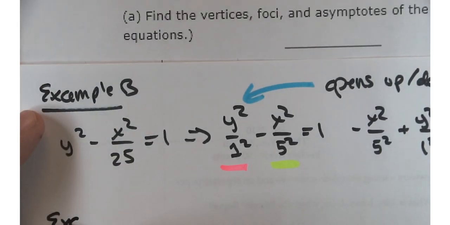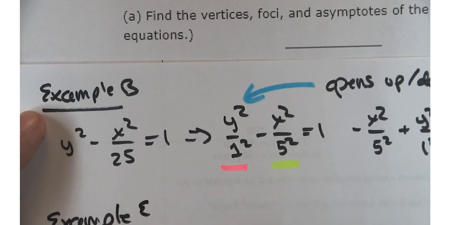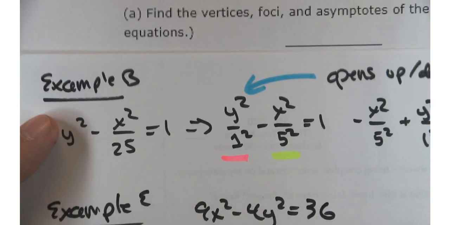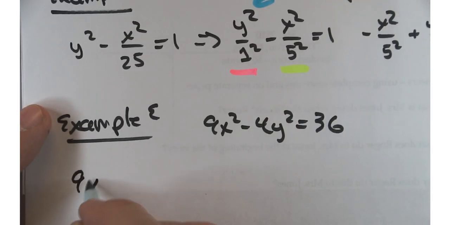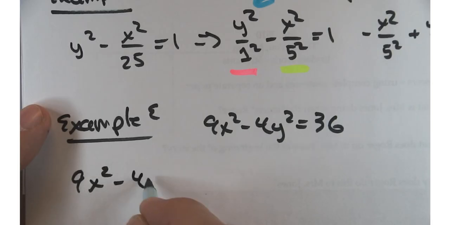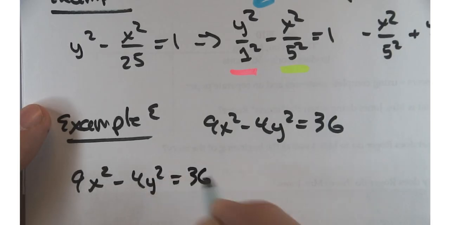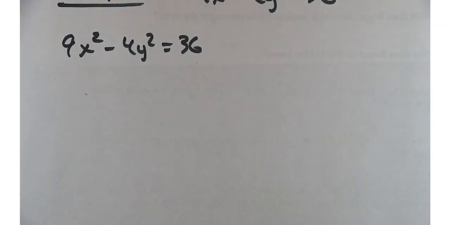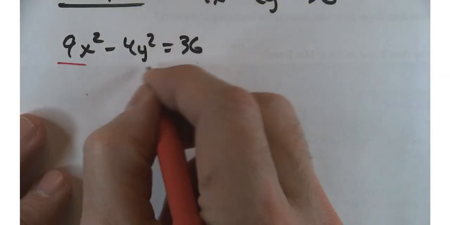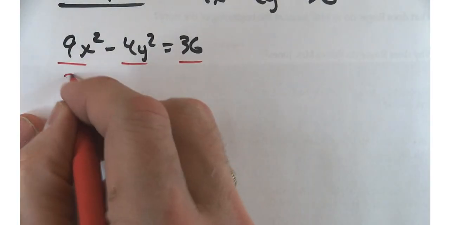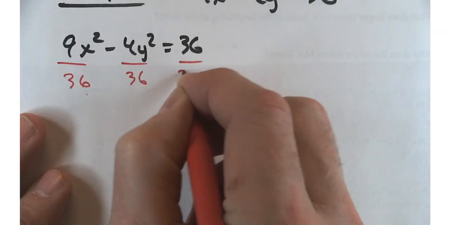Example B. There's probably enough room on the sheet that you have in front of you, but 9x squared minus 4y squared equals 36. Let's take and divide everything through by 36. So good choice on that. Divide, divide, divide. 36, 36, 36.